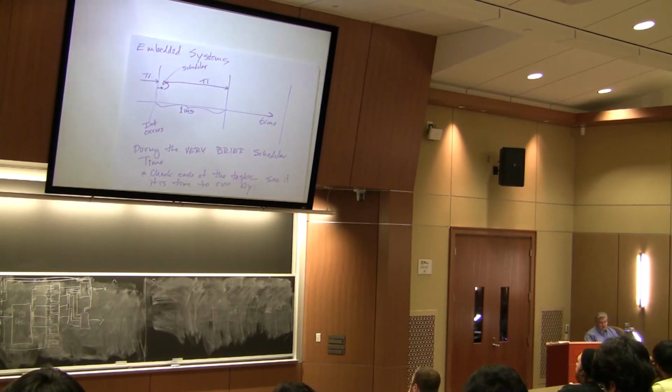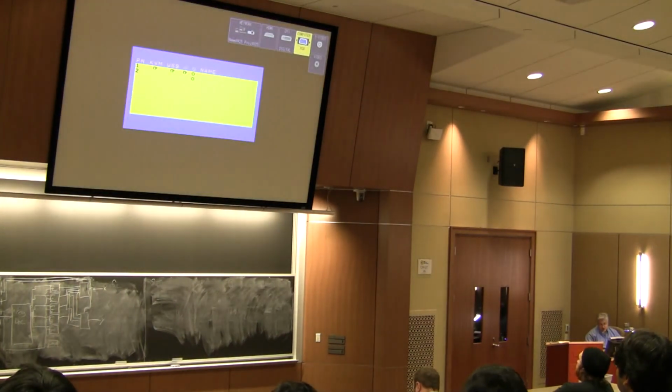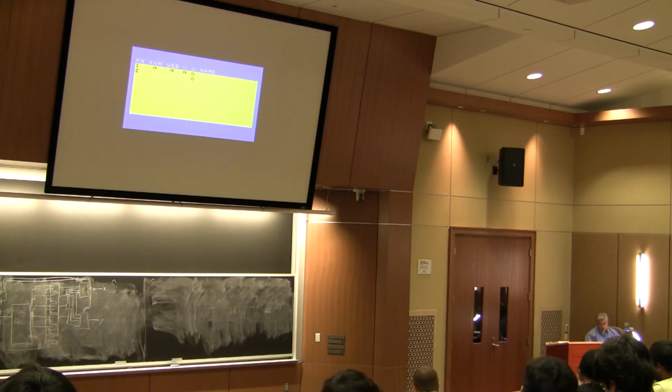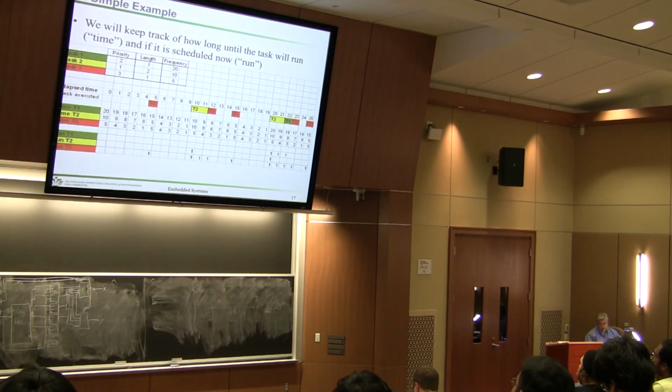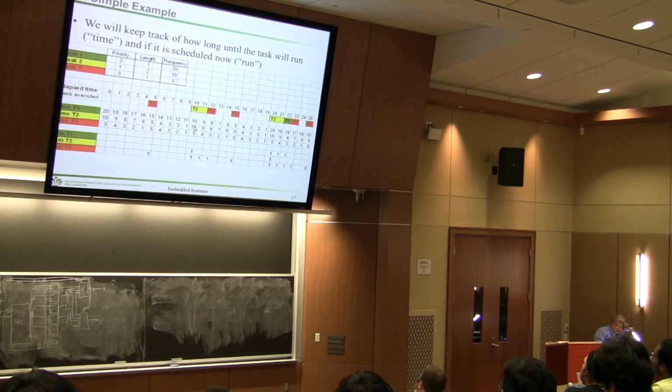And how would you make sure to see if it needs to run? Based on what we saw here, how would you know if it's time for it to run? This goes from 1 to 0. Check each of the tasks, see if it needs to run.